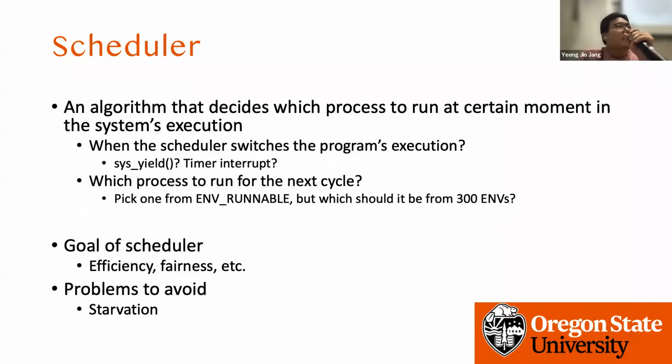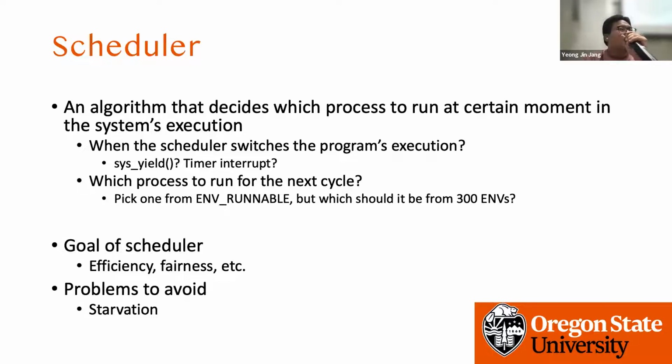So the problem is that we have 300, 400, 1000 processes waiting, and we only have 4 or 8 cores. It's about how we schedule those programs to maximize efficiency or maximize fairness.